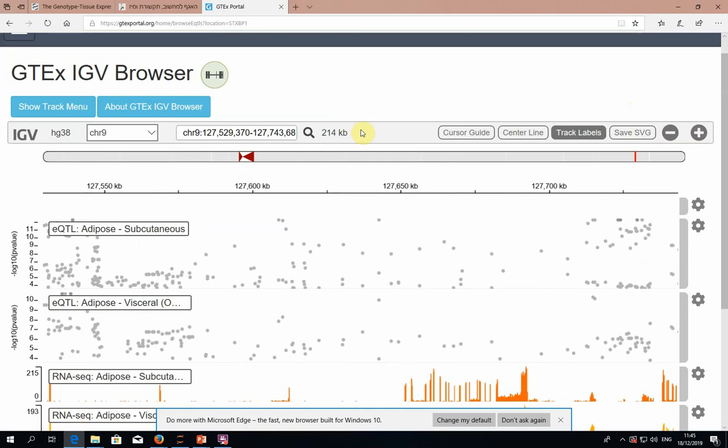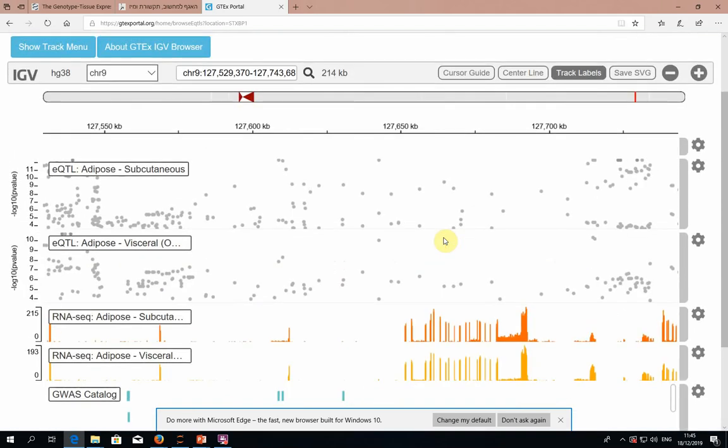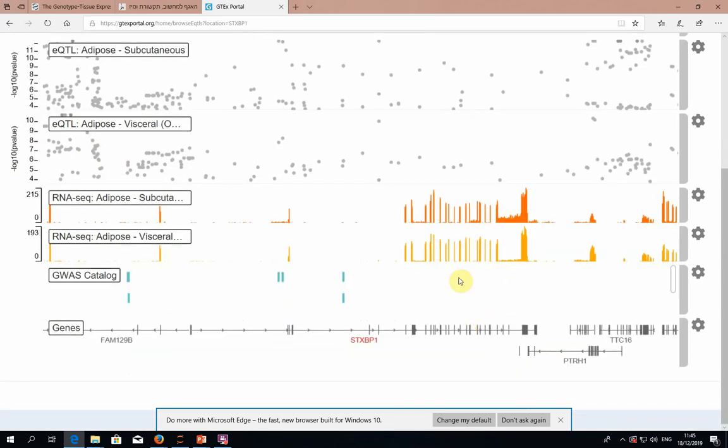By now, I'm looking at about 250,000 nucleotides. They provide you the RNA-seq data, they provide you the eQTL analysis for variants, and you can see how those fit. I mean, really, the raw data.